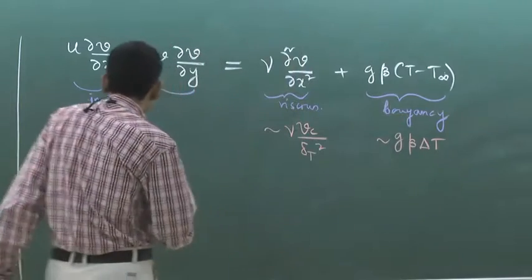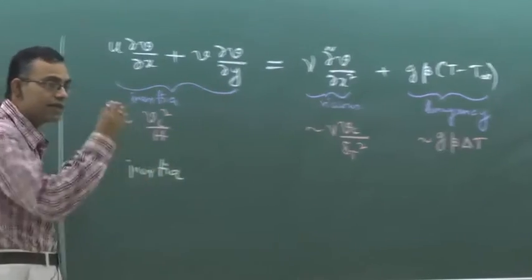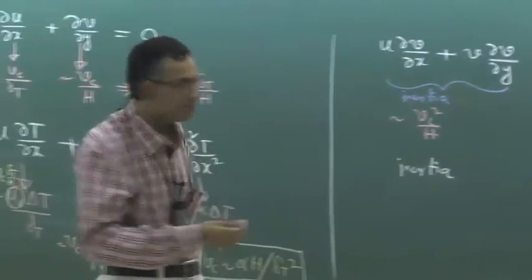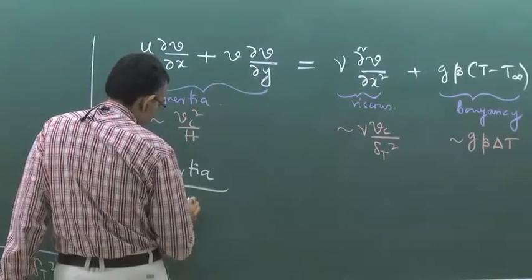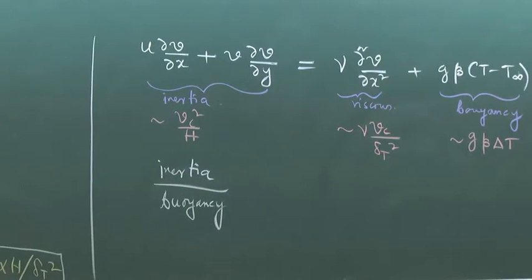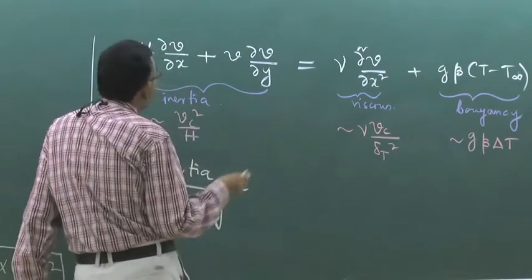So we will find out inertia by buoyancy and viscous by buoyancy and see which is more and which is less. So inertia by buoyancy.